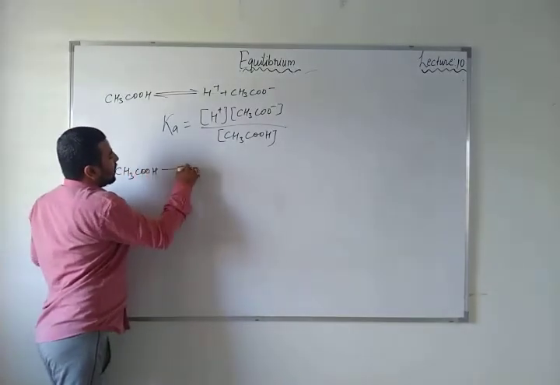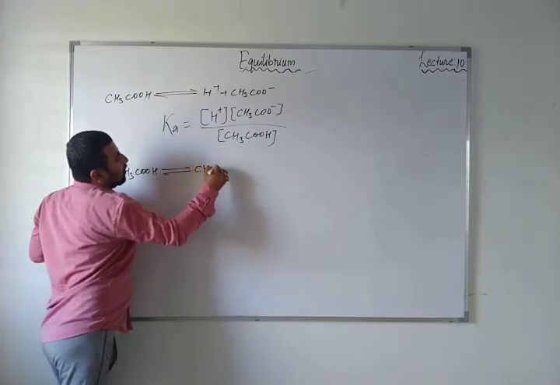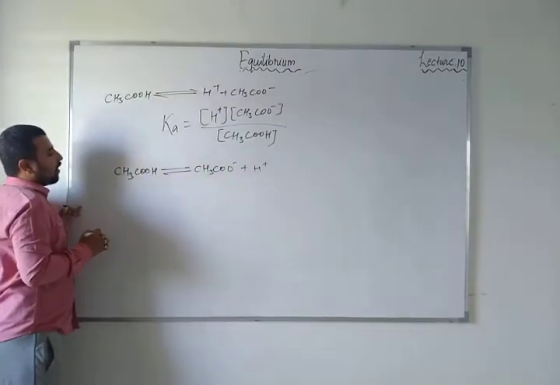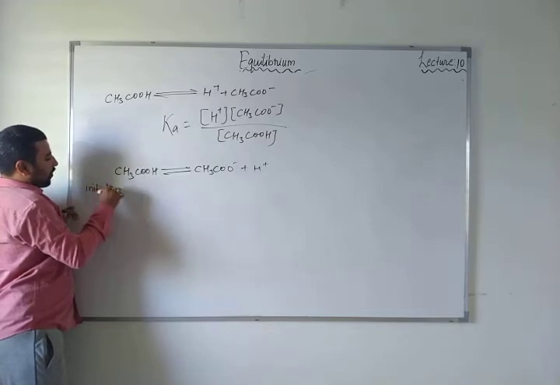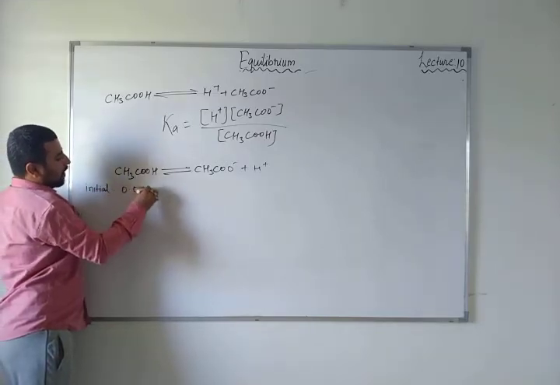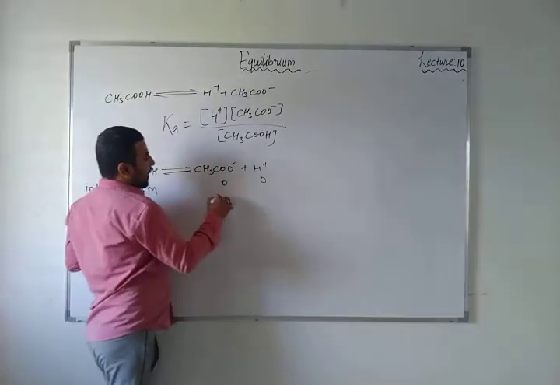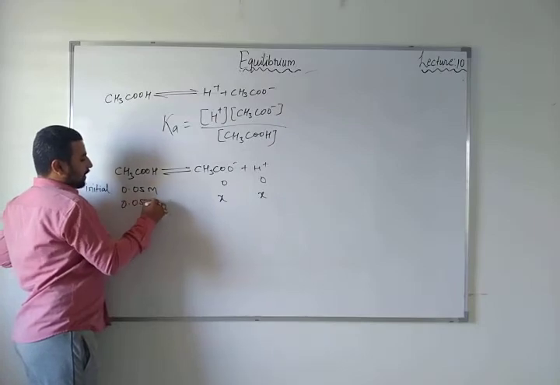CH3COOH dissociates as CH3COO minus and H plus. At the starting, the initial concentration was 0.05. They both were 0. Now they became X. So this will become 0.05 minus X.